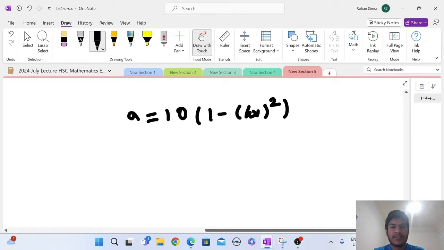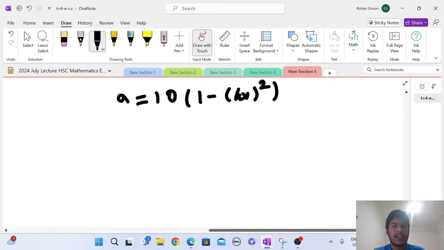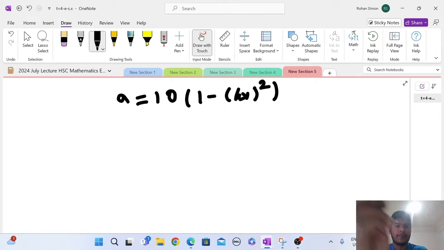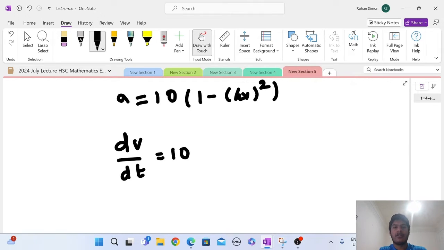So we're looking for a velocity-time relationship. Let's start with, again, we're looking for velocity and time. So what version of acceleration should we use? We should use dv/dt. So dv/dt equals 10 times (1 - kv^2).